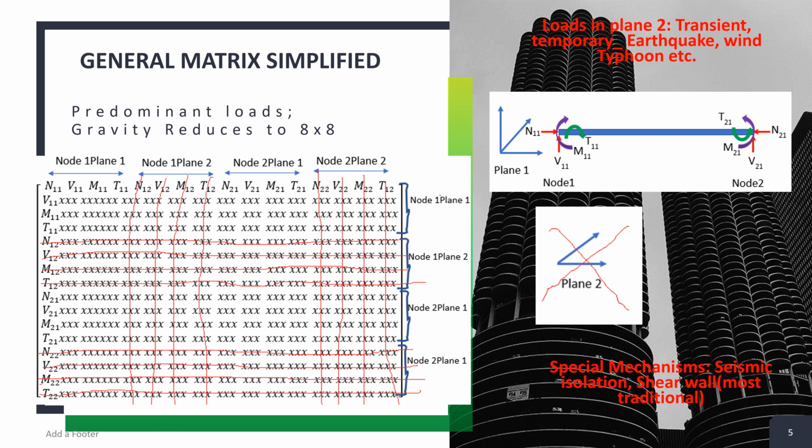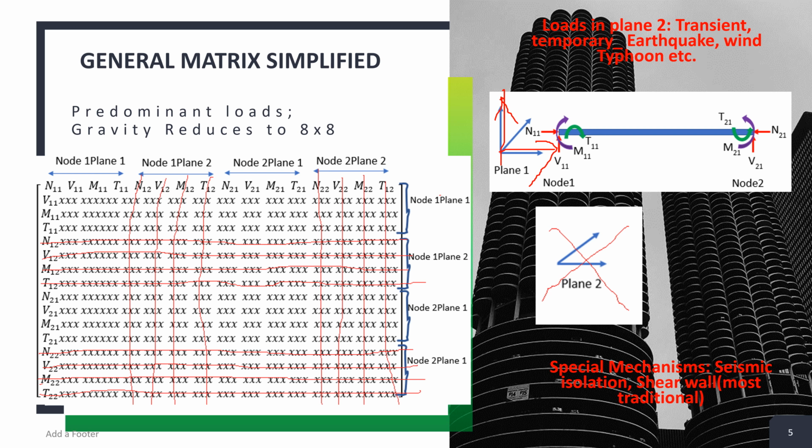So that means the loads in plane 1 dominate most of the time, because the loads in plane 2 are transient. I'm not sure that's a good word for it, but temporary loads like earthquake or wind or typhoon, etc. We cannot design a structure assuming it will be loaded with transient loads through its entire lifetime, as it would not be economical and it wouldn't make sense.